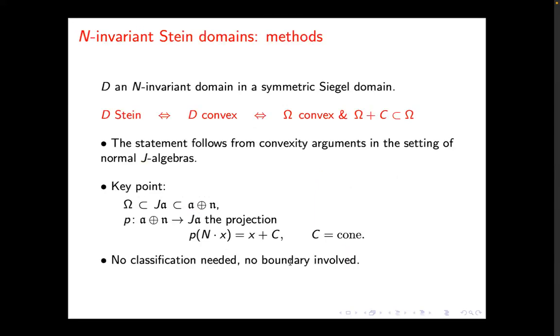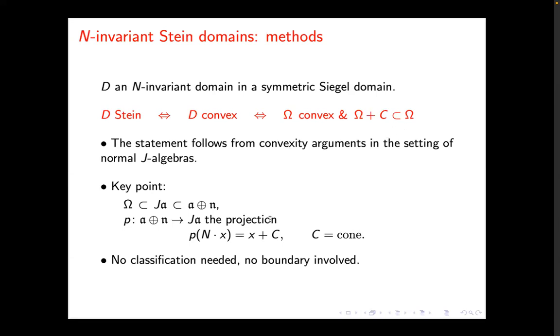Now, I just say a couple of words about how to prove this. If we have an invariant domain in a symmetric Siegel domain, you show that it is Stein if and only if it is convex, if and only if omega, the base of the associated small tube, is convex and satisfies this property.